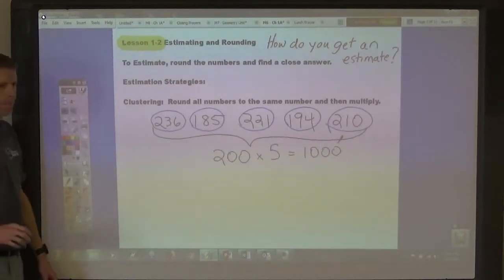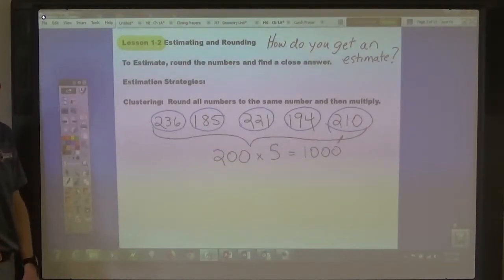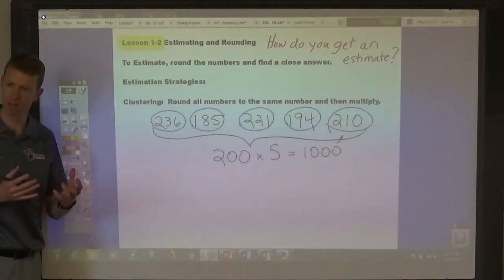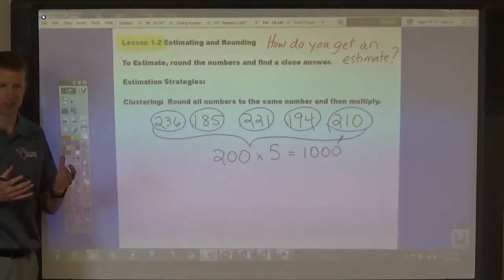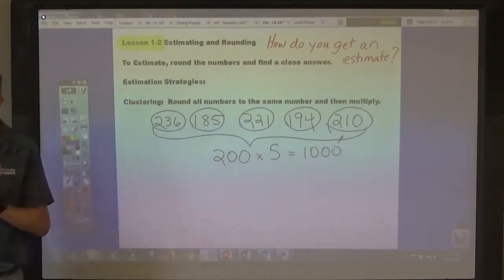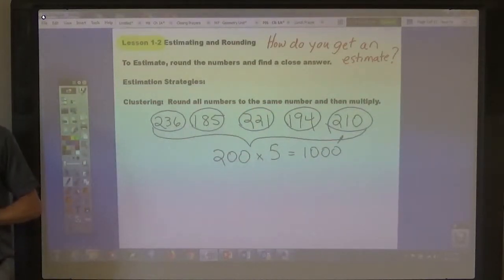Now, another strategy that we're going to talk about is called front-end estimation. Front-end estimation is using the front of the number to add or subtract to another number.